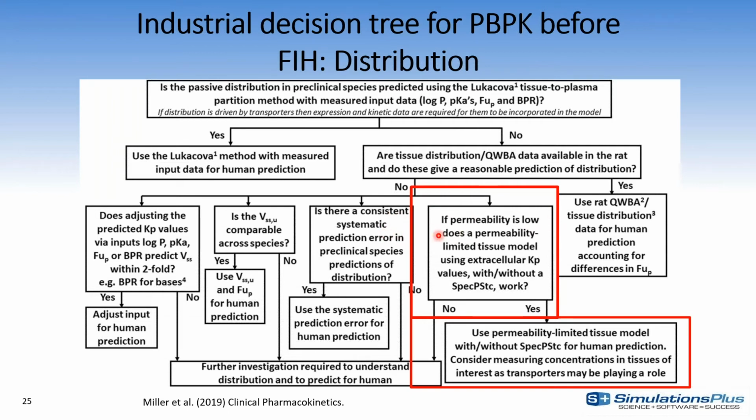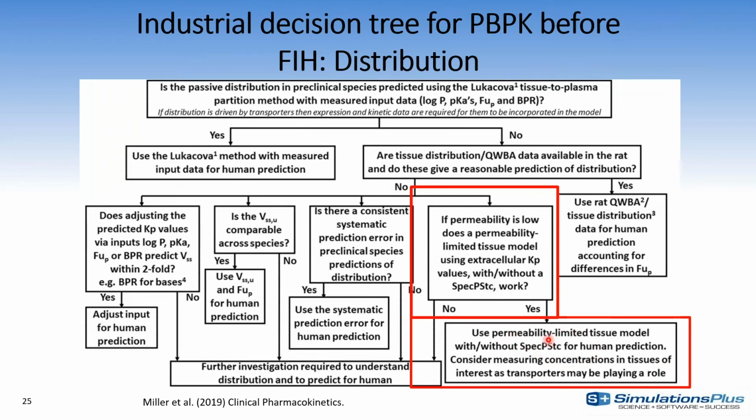The question they ask here is, does a permeability-limited tissue model using the extracellular Kp values, with or without the specific PStc, work? If yes, then we're going to use the permeability-limited tissue model, with or without the specific PStc, for the human prediction. You can also consider the contribution of transporters if they also play a role for that compound.